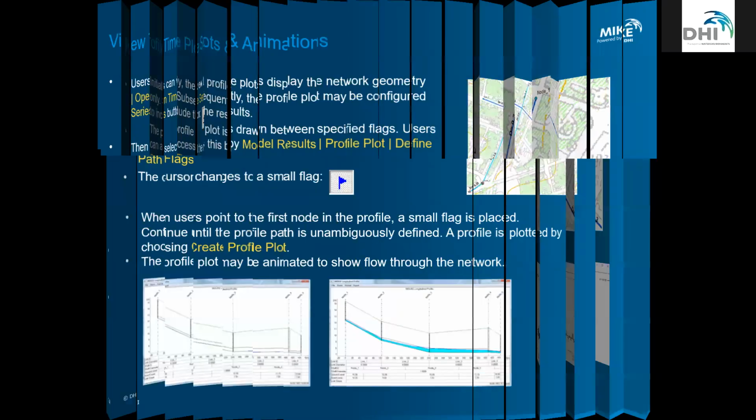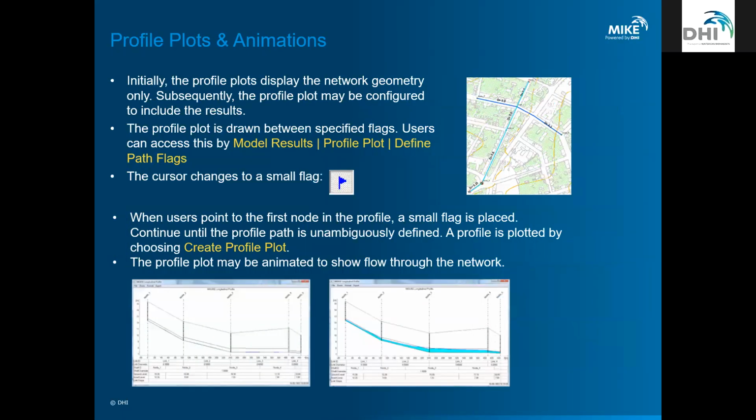And say you want to see what's going on in a certain section of your network. So initially, it just looks like this, but say you want to see what's going on between node 1 and the storage basin or the outlet. So there's an option to draw these status flags, and you'll see here they look like blue flags.